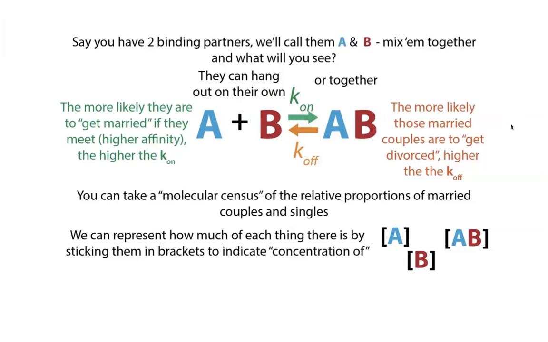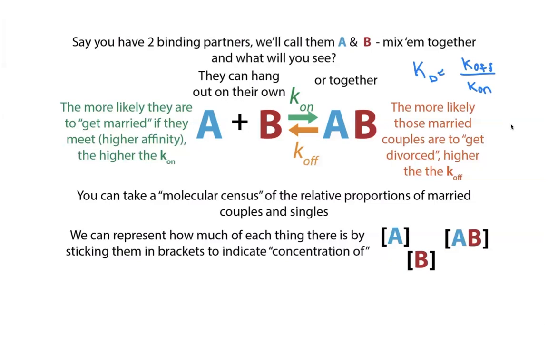So that when these molecules reach equilibrium, that is when for each couple that marries, there's a couple that divorces. Basically, what's going to then happen is you reach this dynamic equilibrium that's going to be based on the K on and the K off. So we can actually write the Kd, which we'll talk about more in terms of concentration, but we can also talk about the Kd is equal to the K off divided by the K on. So bottom line, these rate constants, these little k things are going to influence how much of each of these we find at equilibrium.